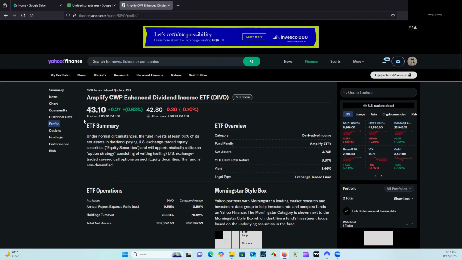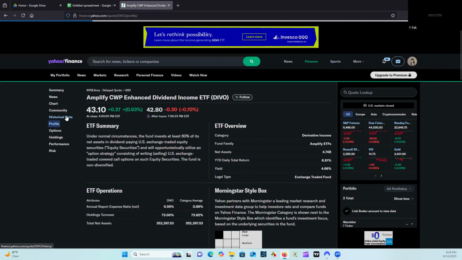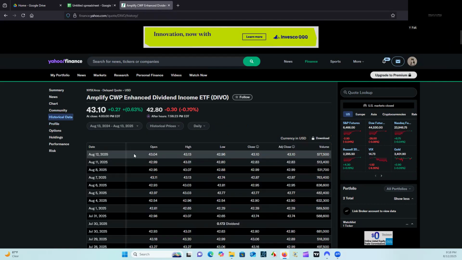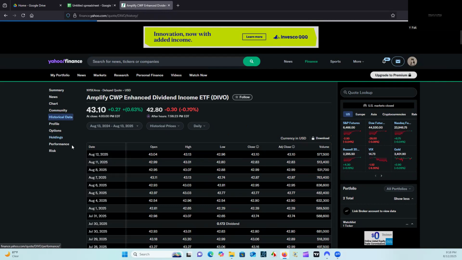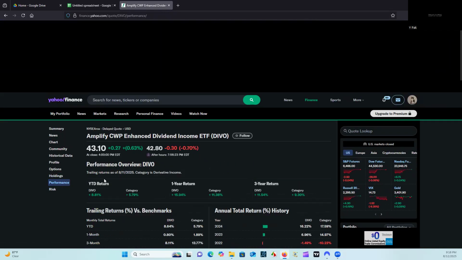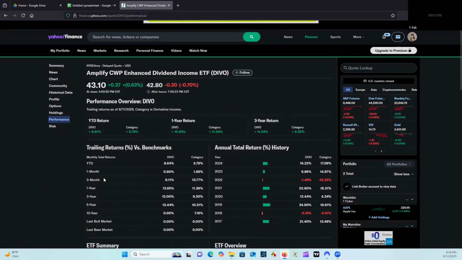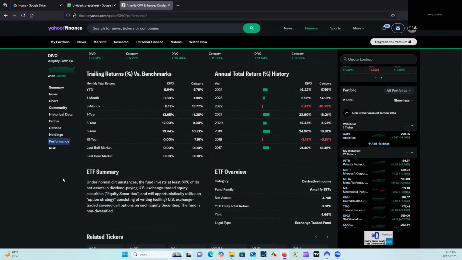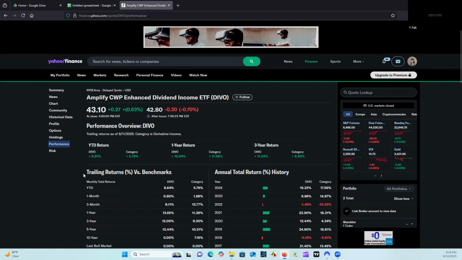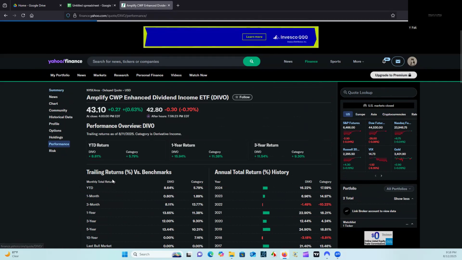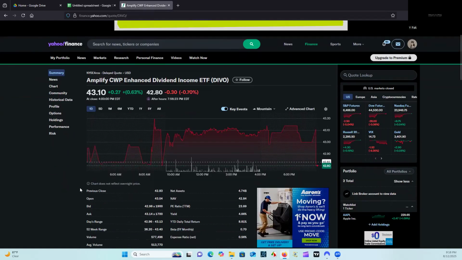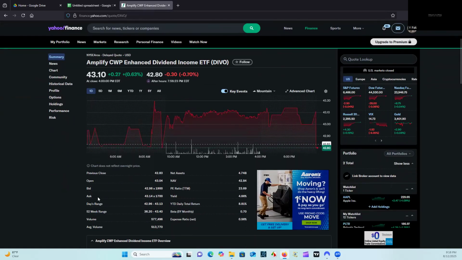Let's go to historical data. No, that's not going to tell you. Holdings, performance. All right, well, it doesn't tell you in here. So we'll have to go to a different website to get how often they pay you. We also need to look at other things on a different website too. I'm surprised it didn't say right there.